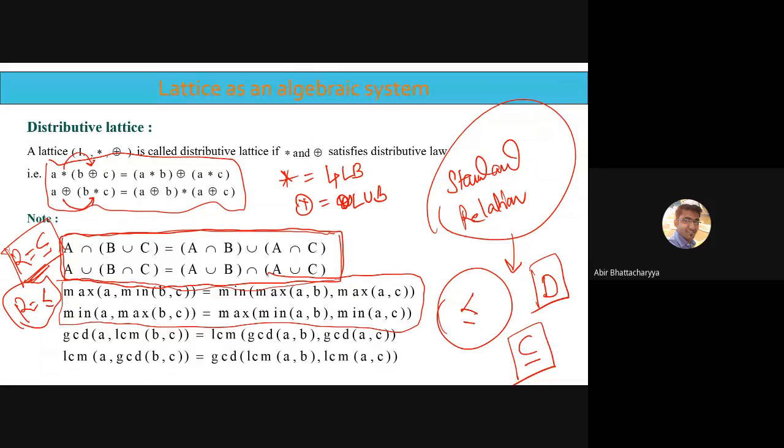Then it is true: a plus circle (b star c) equals (a plus circle b) star (a plus circle c). The second property is the first one in this case.